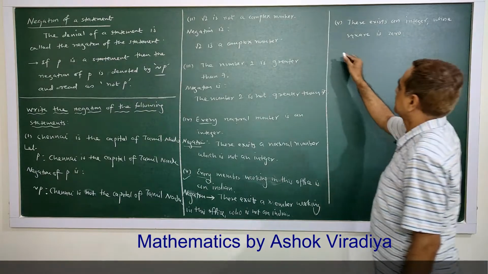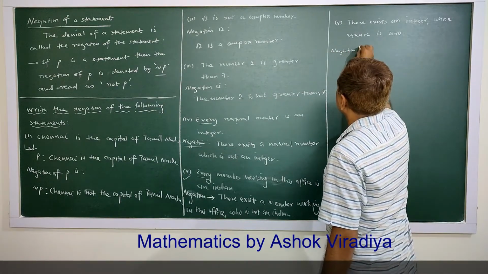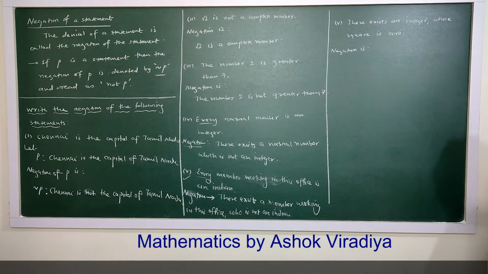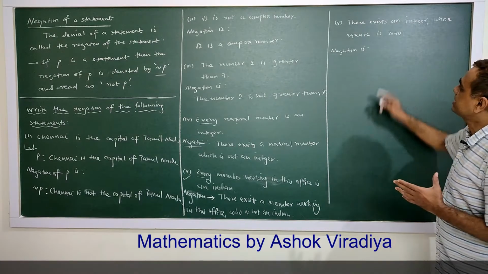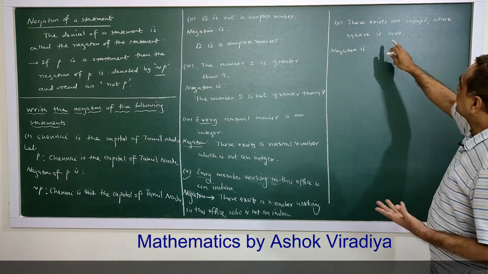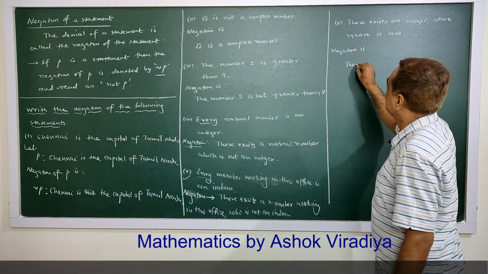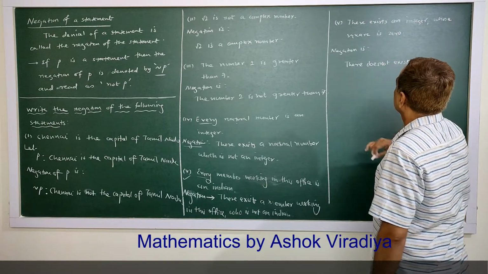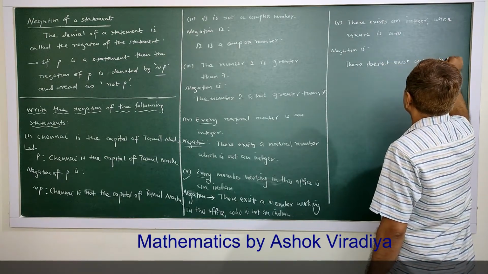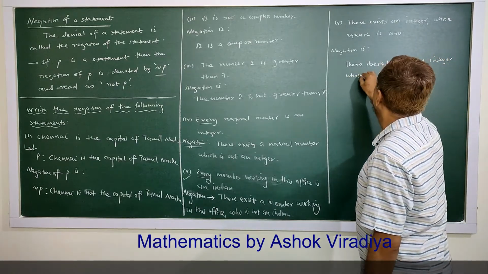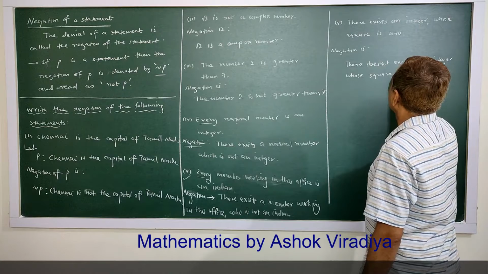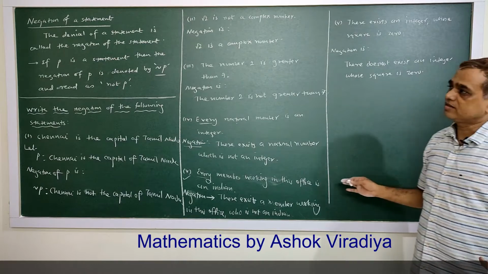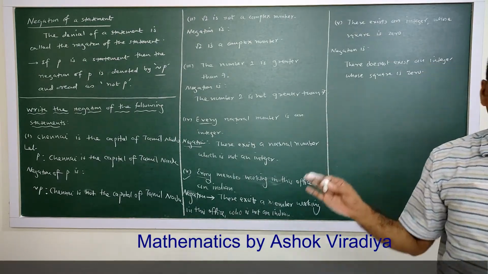Its negation is: there does not exist an integer whose square is 0. Here the statement is there exists an integer whose square is 0, so its negation is there does not exist an integer whose square is 0. So that is the method to write the negation of statements.